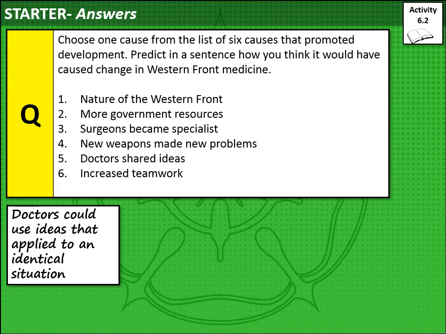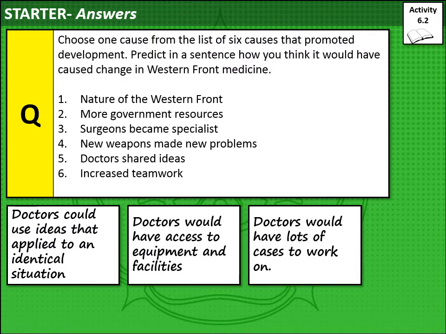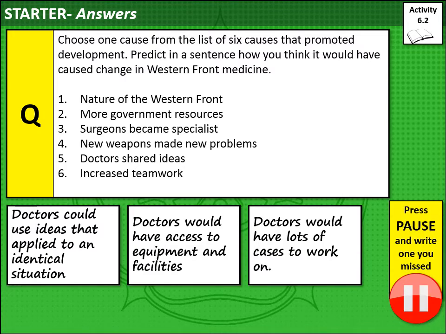So here are some ideas that you might have come up with. So for example, you might have thought that doctors would use ideas that apply to an identical situation. So that's to do with the nature of the Western Front. You might have thought that doctors would have access to equipment and facilities.